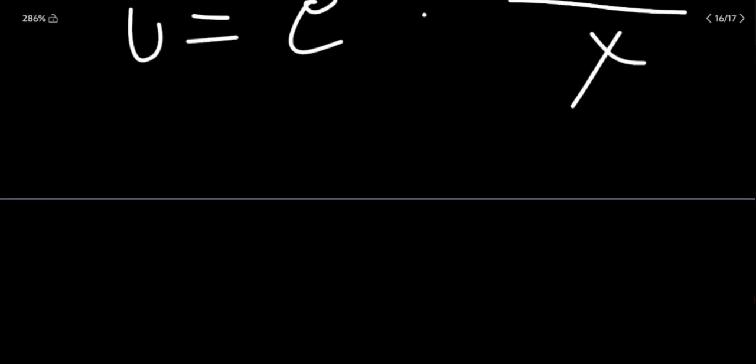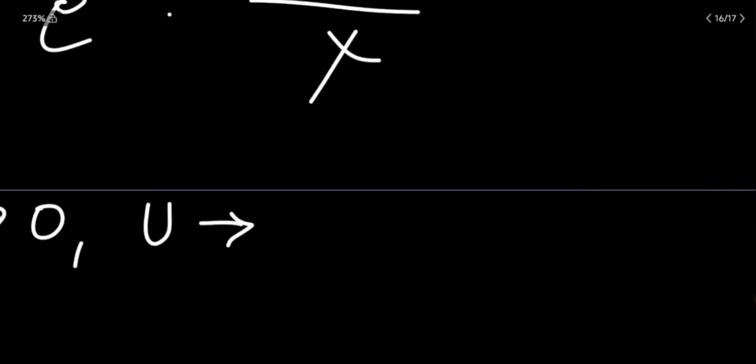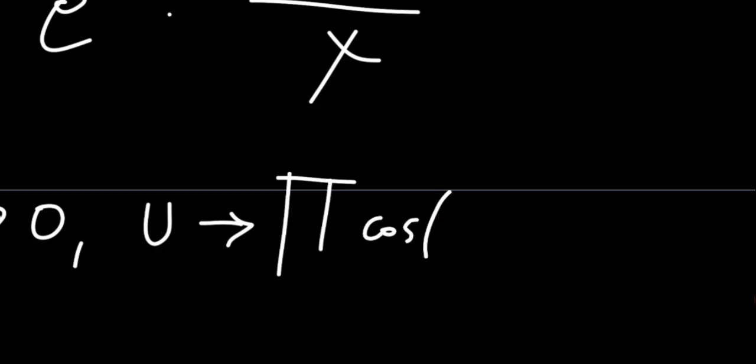Well, we should know that as x approaches 0, u approaches the infinite product of cosines of zeros. An infinite product of cosines of zero multiplied to each other is just 1 times 1 times 1 times 1. So that's 1.